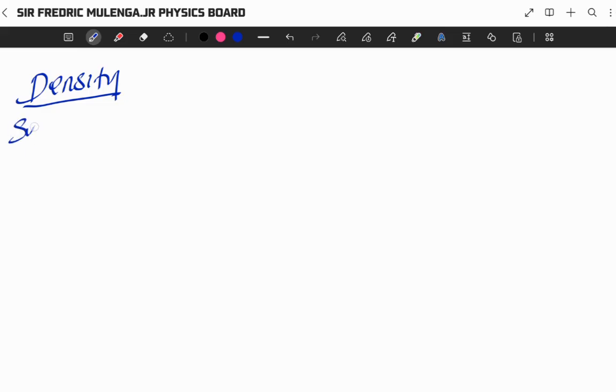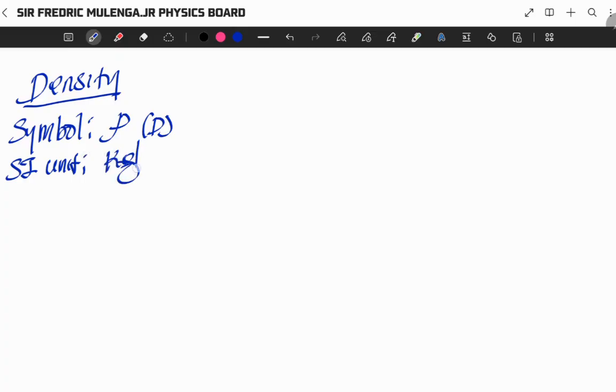So density, we use the symbol rho. It looks like a sleeping P, but sometimes we can also use D. What is the SI unit? It is kilogram per meter cubic.